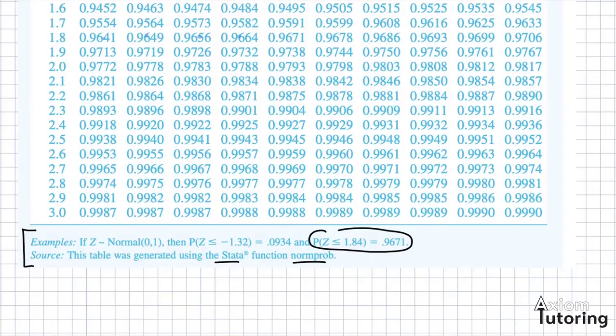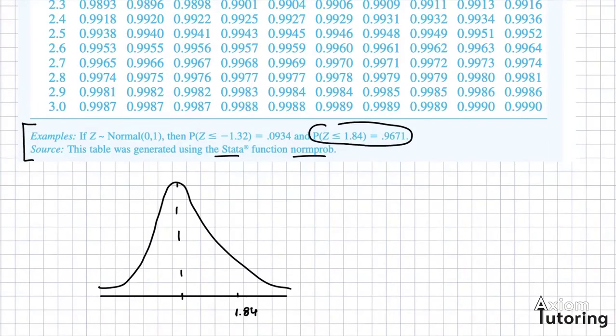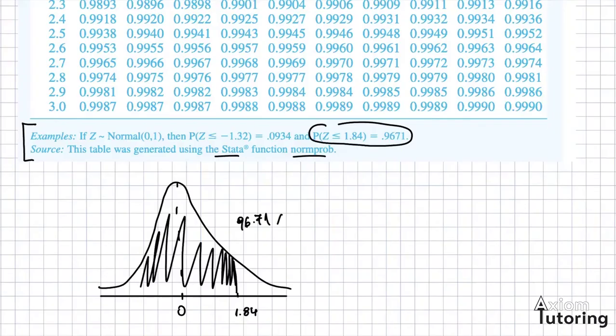They've told you the probability that Z is smaller than 1.84 here. So 1.84, let's say it's right here. This is 0. So they are telling you the probability of seeing something less than that is 96.71%.